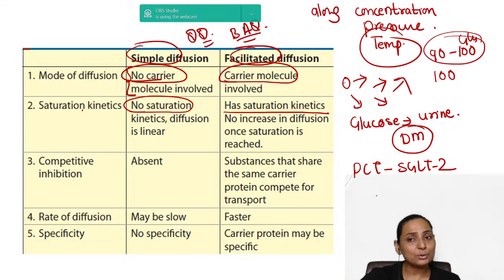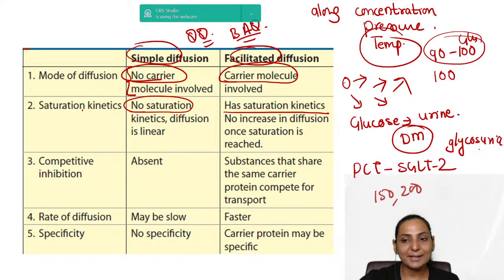But if the glucose becomes 150 or 200, then what will happen? The carrier proteins will become less in number and 100% glucose will not be reabsorbed, and the remaining glucose will be passed or excreted in urine. That results in glycosuria. That means the urine becomes positive for glucose, right?